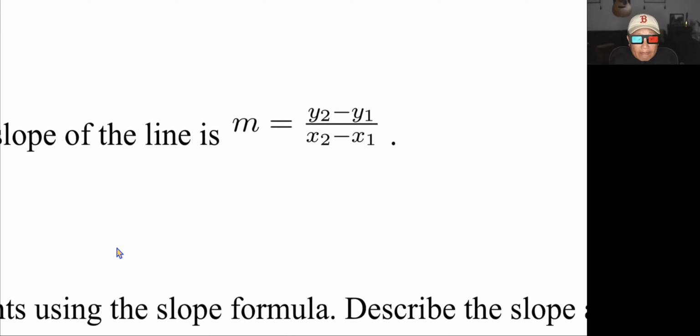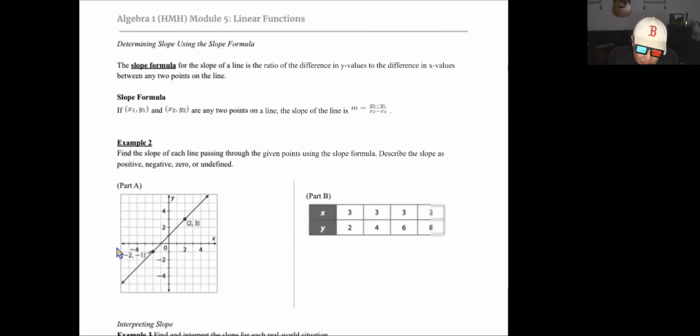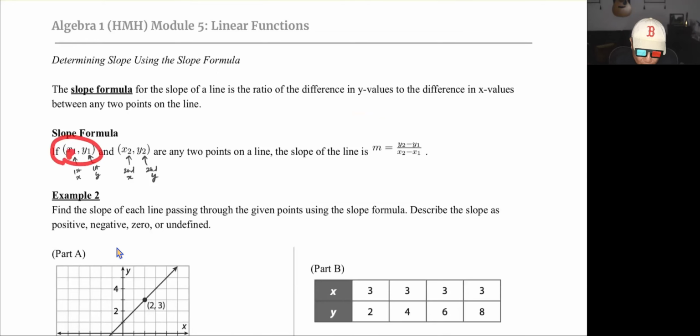So this will be the first pair because it's 1, the first xy coordinate. This is the second xy coordinate. And once again, that is called a subscript. If you're not familiar with subscripts, it looks like this. Let us say that you have a letter A. If you write it down here, that's a subscript, writing below.